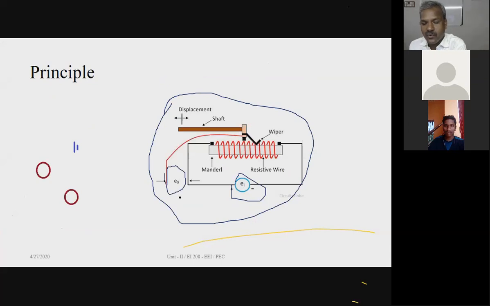This output voltage is directly proportional to the displacement X of the potentiometer. This is the shaft and wiper contact, and this is a resistive wire, so it is a wire wound type of potentiometer. These potentiometers are mainly used for displacement applications.